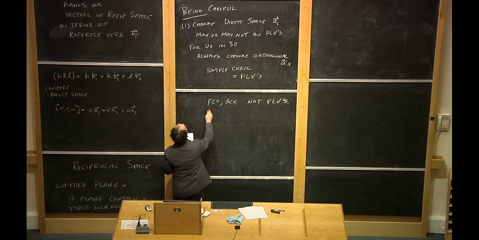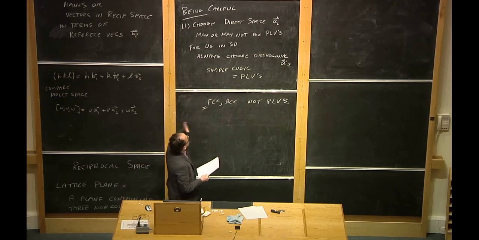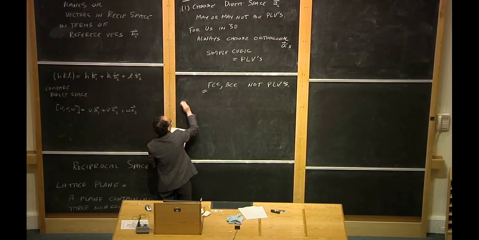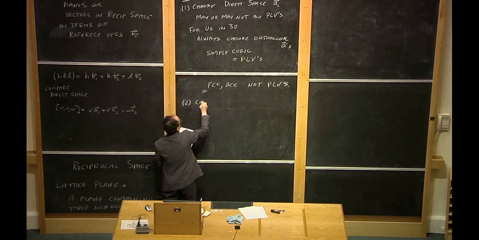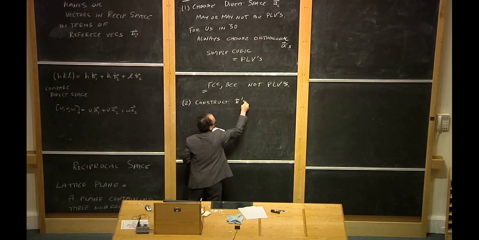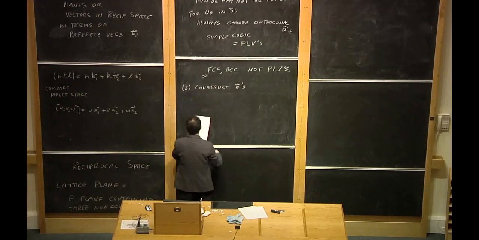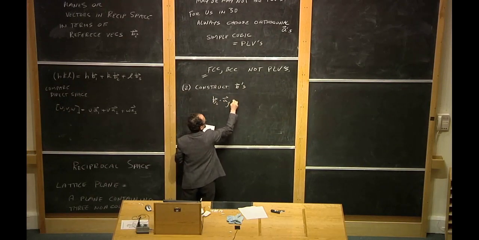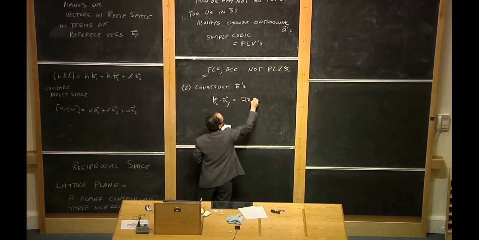Okay? So given that we've defined these A's, we then construct B's. So call that 2. Construct B's by b_i dot a_j equals 2 pi delta_ij.